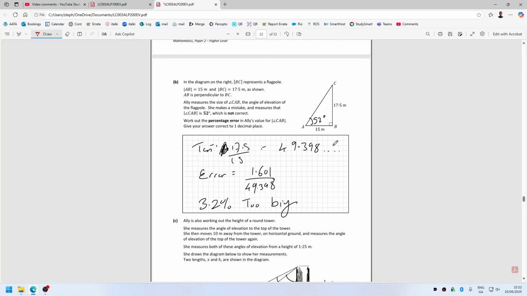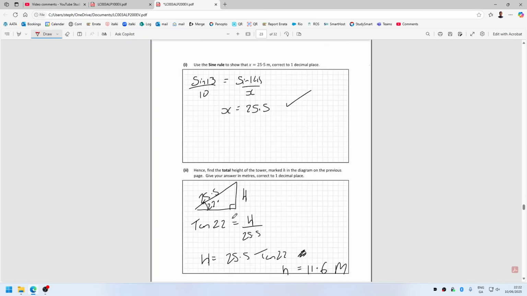So that's right. And then if I subtract 52, I must have subtracted 51. That should be 2. So it's not 3.2%. It is too big by 5.3%.